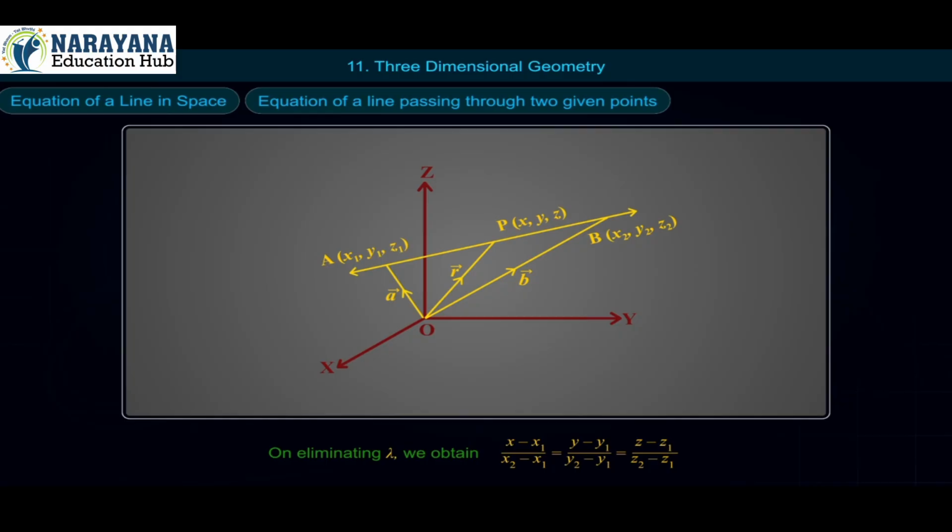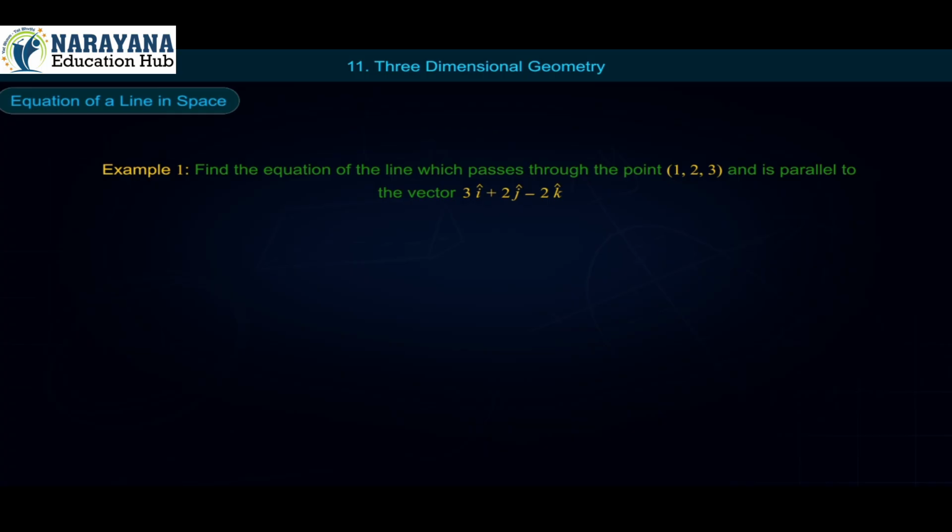On eliminating lambda, we obtain (x minus x1) upon (x2 minus x1) is equal to (y minus y1) upon (y2 minus y1) is equal to (z minus z1) upon (z2 minus z1), which is the equation of the line in Cartesian form.